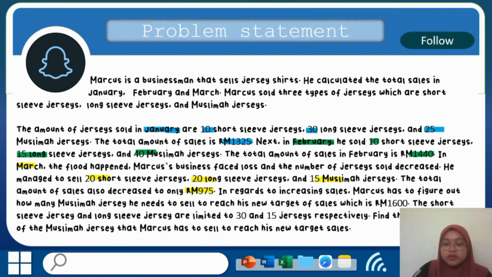975. So the question asks to find how many Muslimah jerseys he needs to sell to reach his new target, which is 1,600. And then the other condition is short-sleeve jersey and long-sleeve jersey are just limited to 30 and 15.